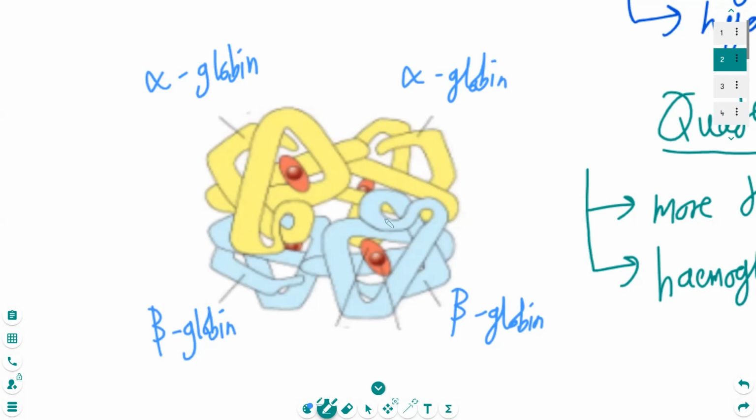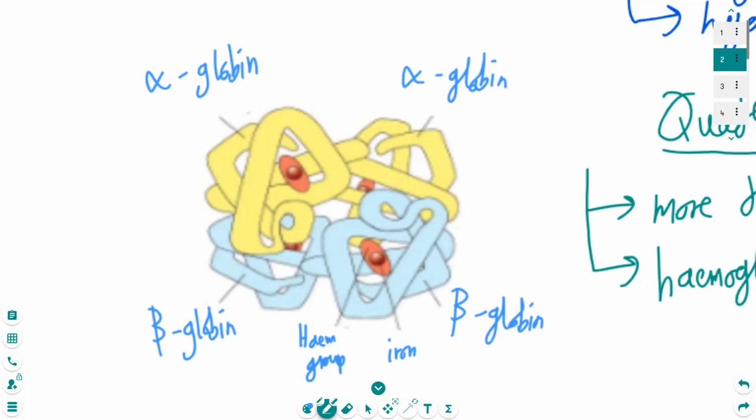You can also see that hemoglobin contains a heme group. So this is the heme group here, and that heme group contains iron. It's the oxygen that binds to the iron within the heme group. One oxygen molecule can bind to one heme group within one hemoglobin molecule.